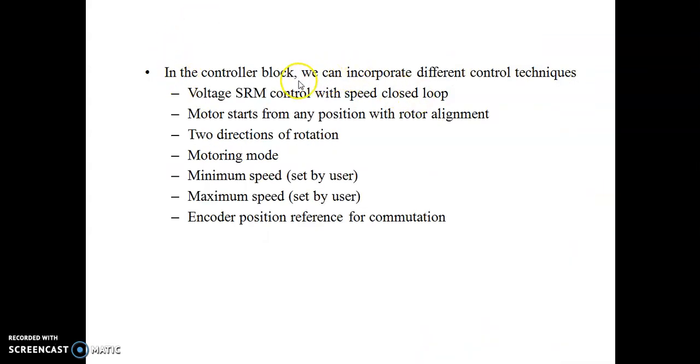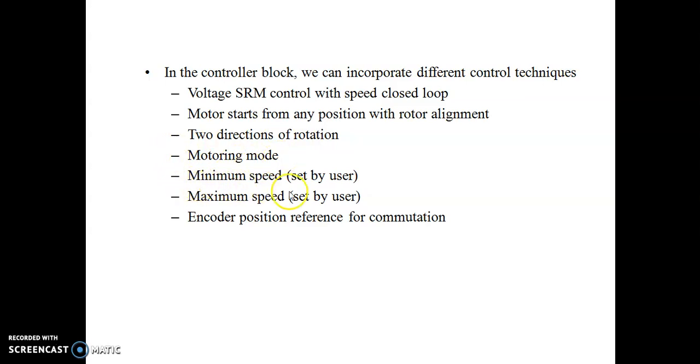In the controller block, we can incorporate different control techniques like voltage SRM control with the speed closed loop. The second one, the motor starts from any position with the rotor alignment, and two directions of rotation, that is the clockwise and the counterclockwise direction. The fourth one is motoring mode.